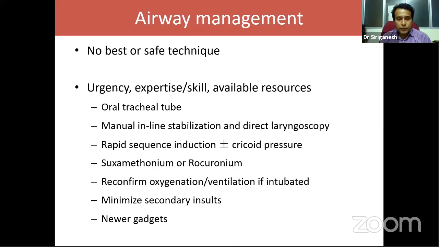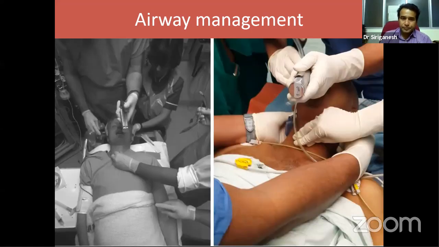So common agents to facilitate early intubation are suxamethonium and rocuronium. If the patient is already intubated, please check for the tube position, reconfirm the oxygenation and ventilation. Remember to minimize secondary insults during airway management, which I already discussed. And when available, and if you have the necessary expertise, use newer gadgets like video laryngoscopy as a first option rather than as a rescue option.